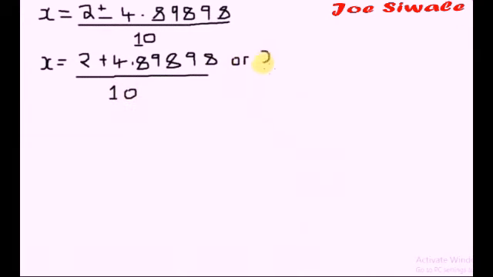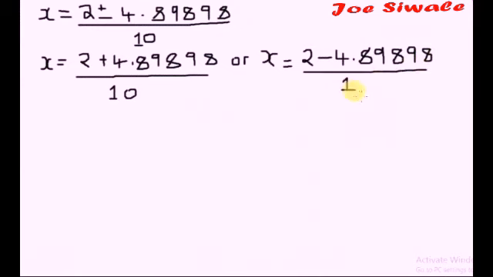The other one has a minus sign, so x equals 2 minus 4.89898, divided by 10.